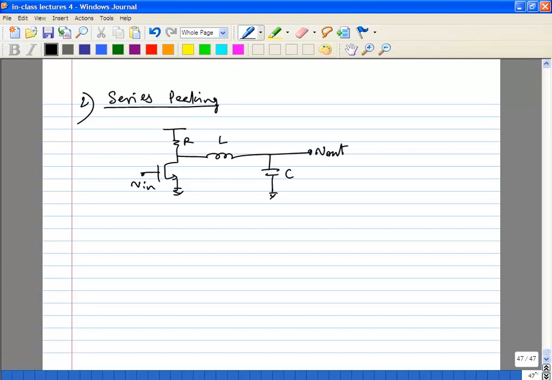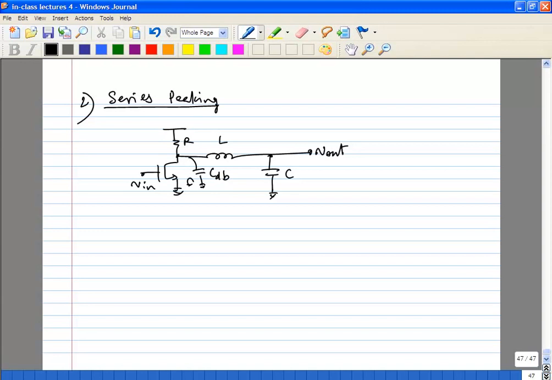The basic idea is this: let's say the device drain to bulk capacitance is CdB. What you are effectively doing is this inductor separates out CdB and C. Initially the transistor actually sees a very high bandwidth because the capacitance is reduced, and now it's trying to charge only its own CdB.